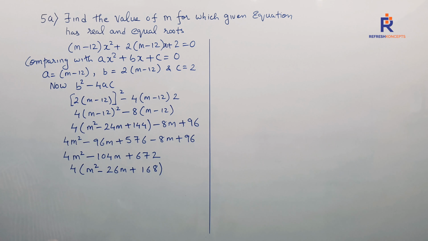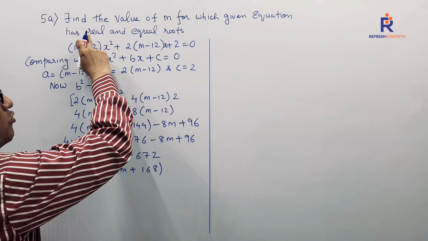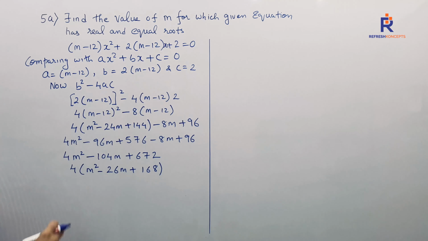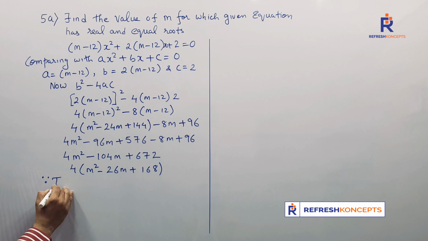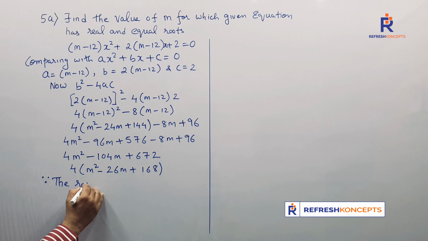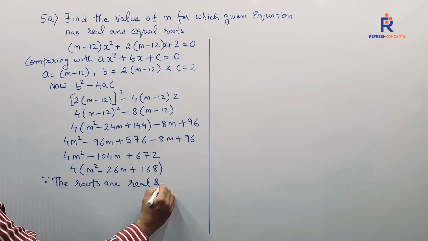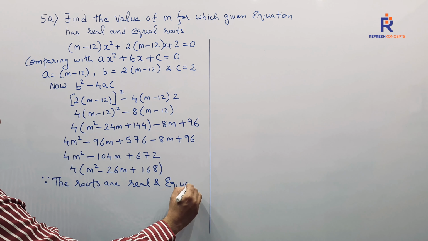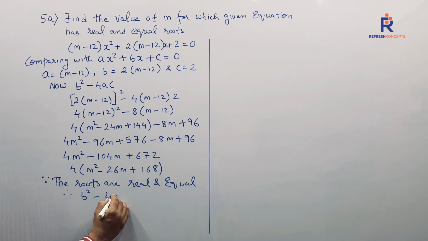Now children, once again we focus on the question. They say the quadratic equation has real and equal roots. Since the roots are real and equal, therefore b square minus 4ac is equal to 0.